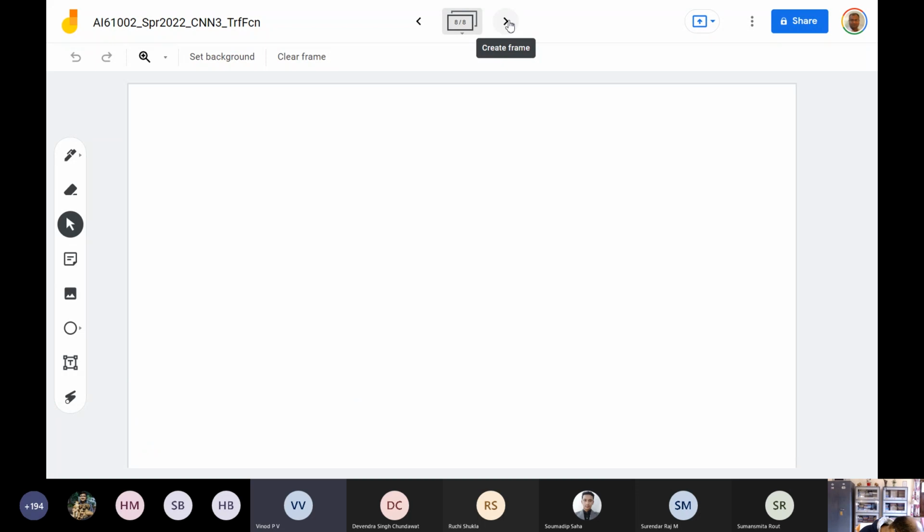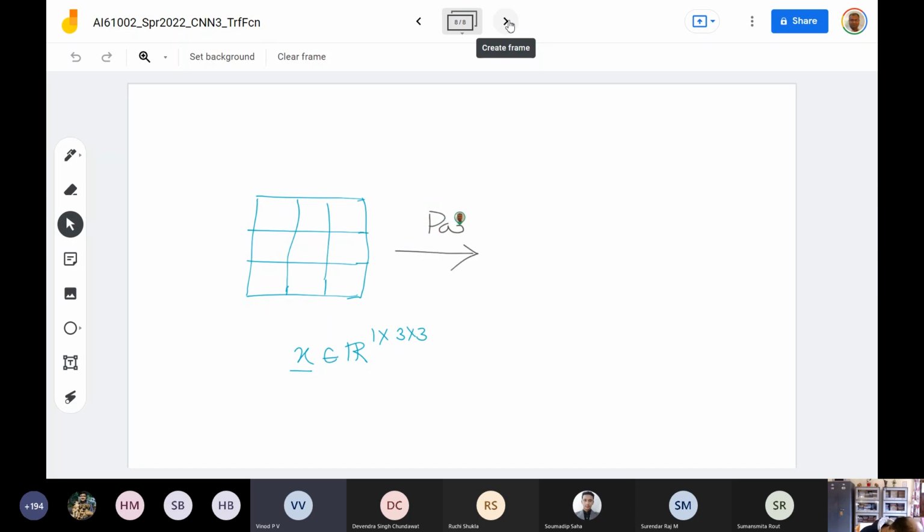So what padding does is something like this. Now if I pad it, what I'm trying to do is something like this. I have this internal region over here, which is preserved, and on the outside I am adding certain zero values.